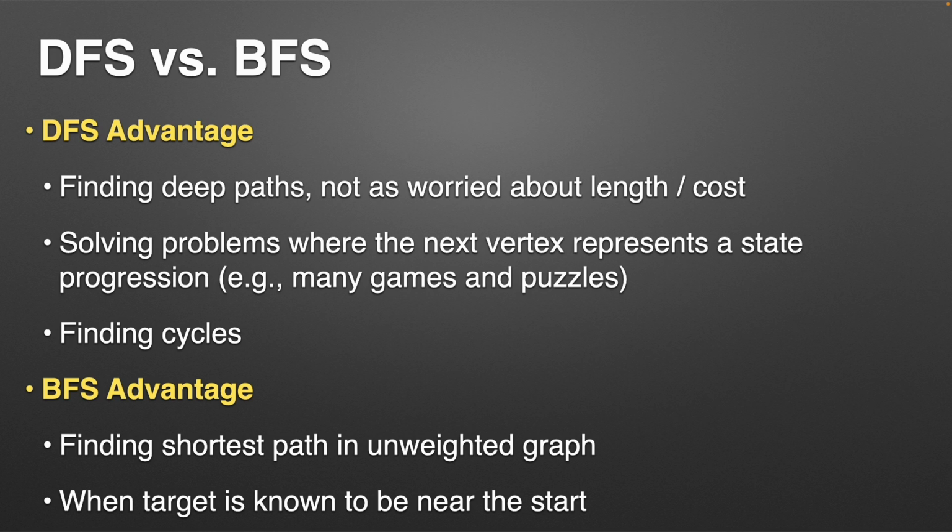So that's where we see depth first search very much used in games and puzzles, things like that. If you want to find a cycle, say your vertices are files, like dependencies, your header files or whatever you need for your code, and you want to make sure they're not looping and pointing at each other in a horrible way, depth first search will detect a cycle really quickly.